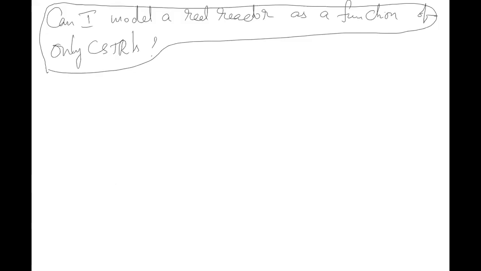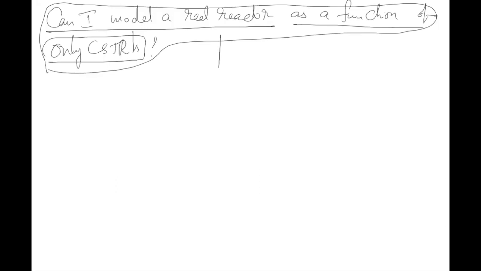Then you will need to plot graphs, use Simpson's rule, all this. So basically what I'm trying to say is PFR equations are mathematically slightly more complicated than CSTR. So that is why the thought came, can I model a real reactor as a function of only CSTRs?